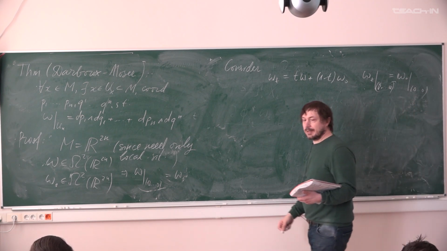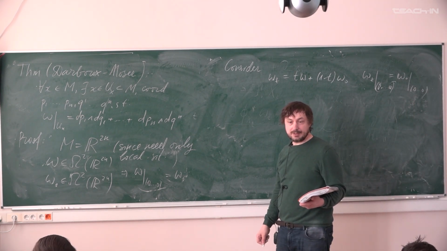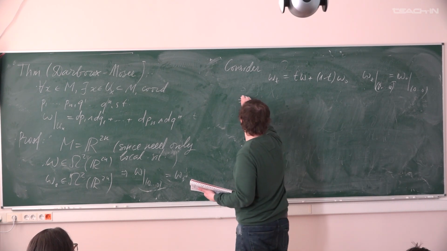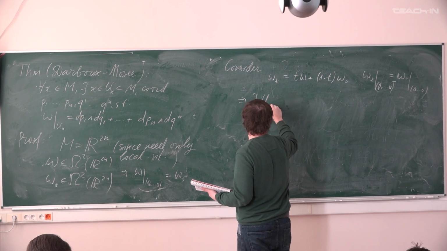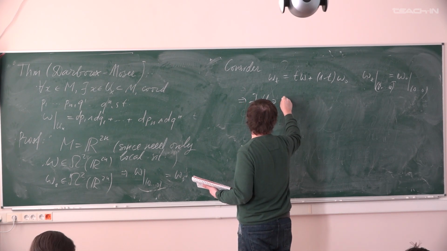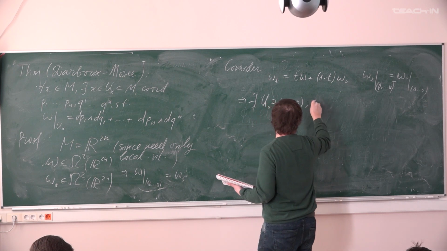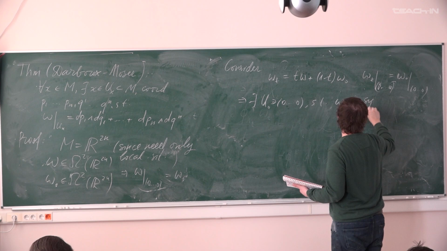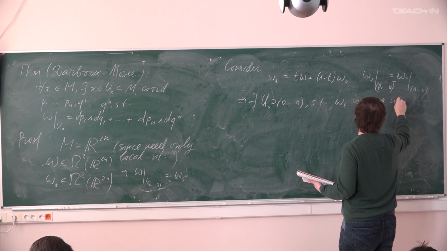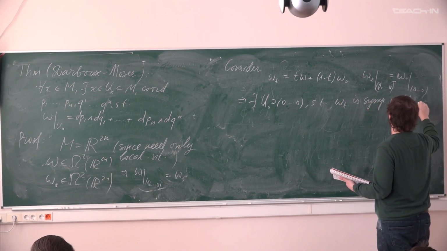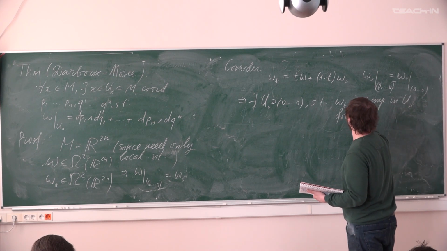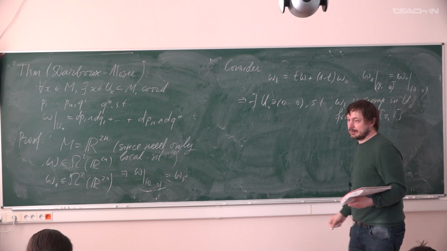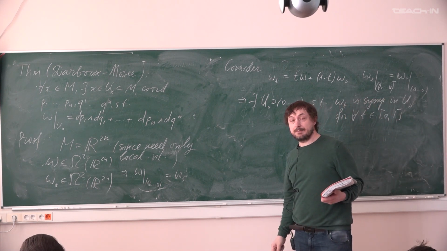Hence there exists an open neighborhood of the origin where ω_t will be symplectic for all t from 0 to 1. That's possible because the segment is compact, right?